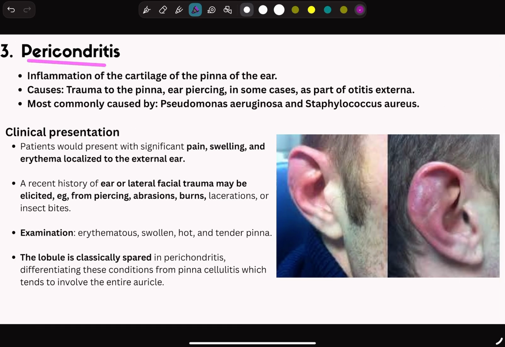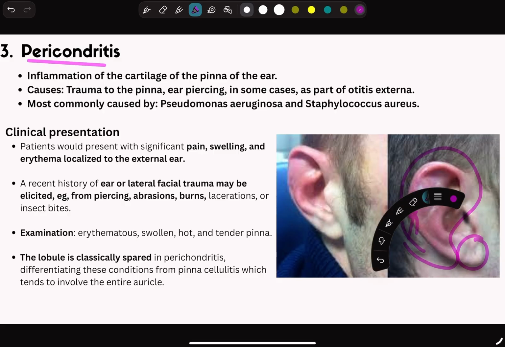Perichondritis. So you remember we talked about the pinna and we said that it's composed of cartilage except the lobule. So here, perichondritis is inflammation of the cartilage of the pinna, sparing the lobule because it has no cartilage. What are the causes?